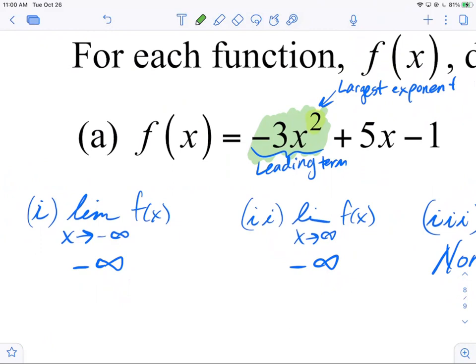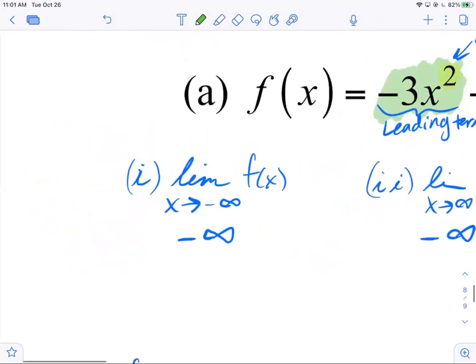What's positive huger times negative 3? Negative huger. It could be the hugest, but we still need room to get bigger.